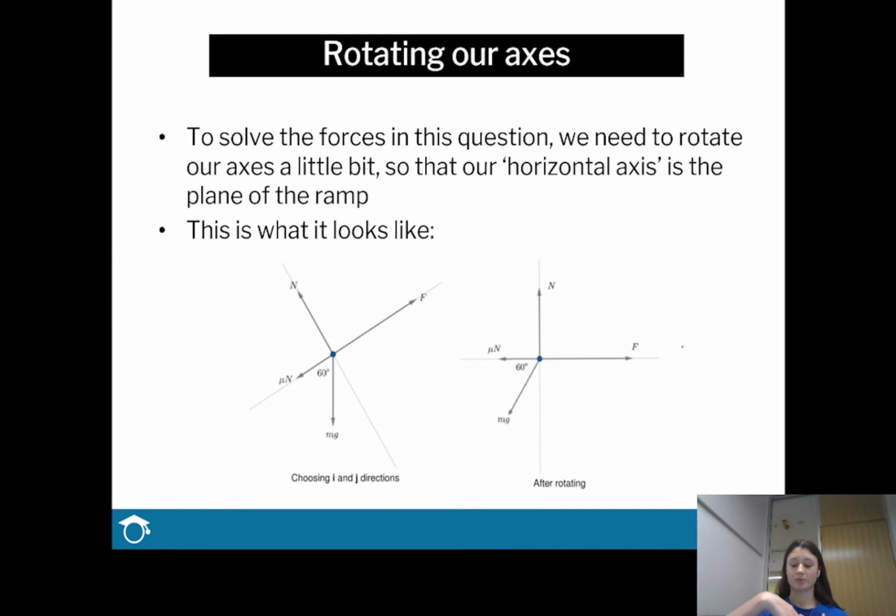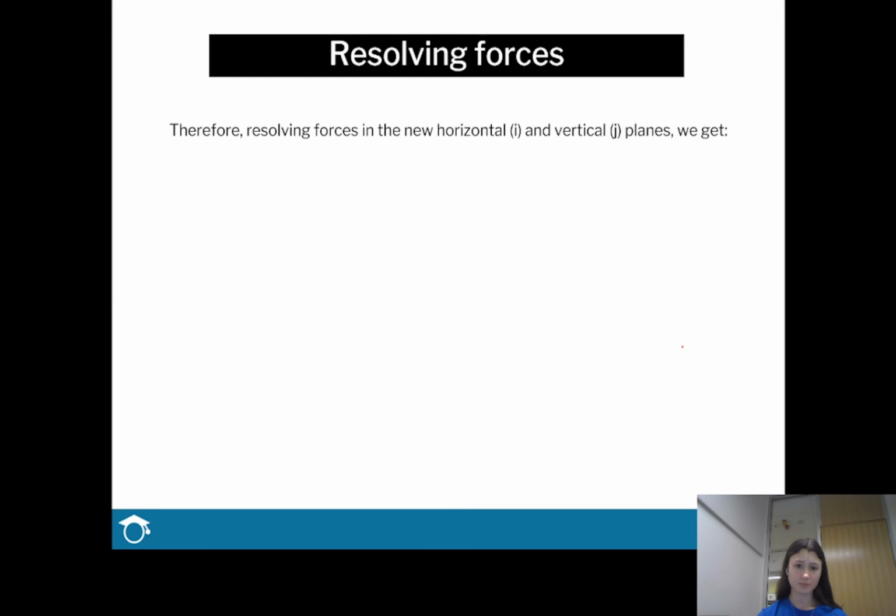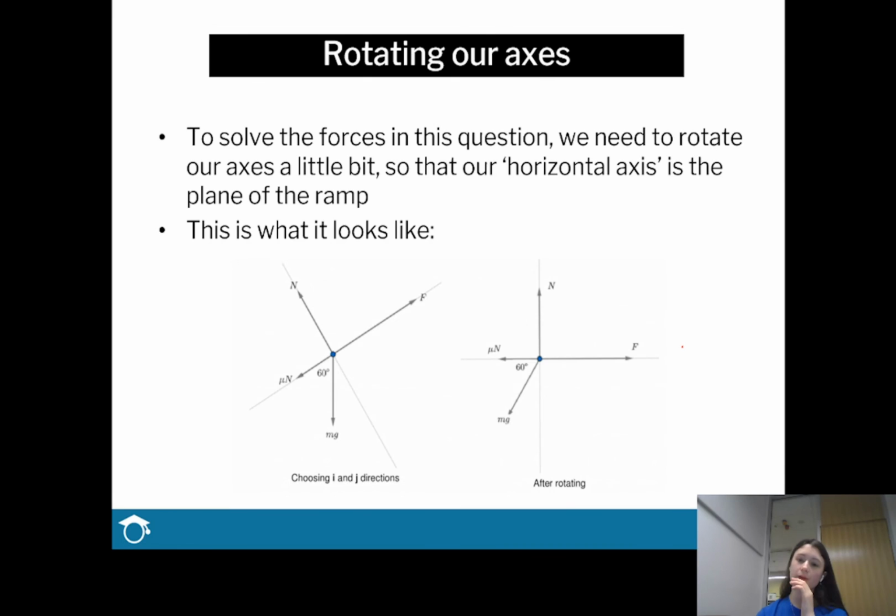And what we're doing then is rotating the x-axis so that it's parallel to the plane. I won't be able to figure out this question for you guys. I'm so sorry about this. But if you did want to find out the answer to this question, it is in the ATAR Notes course notes for Specialist Maths.